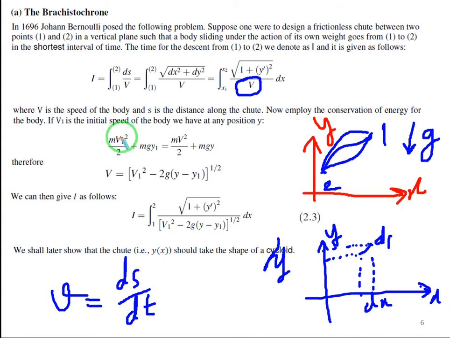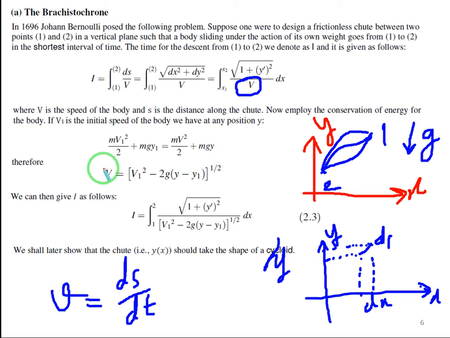So m v1 squared over 2 plus m g y1 equals m v squared over 2 plus m g y.